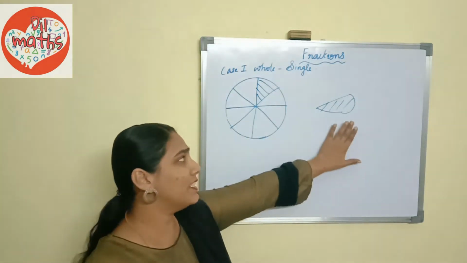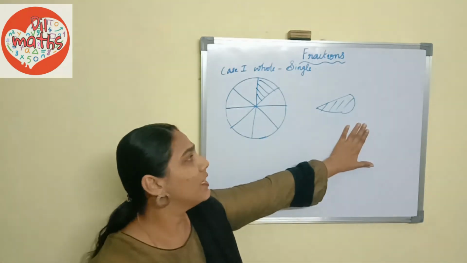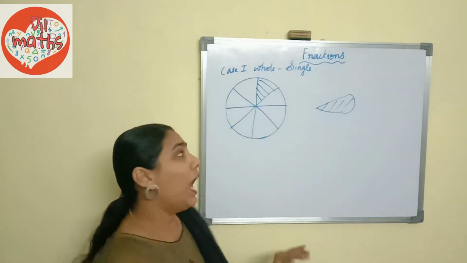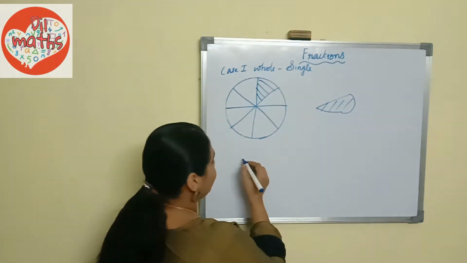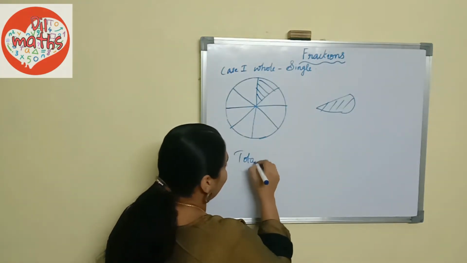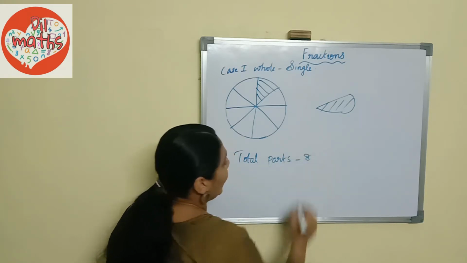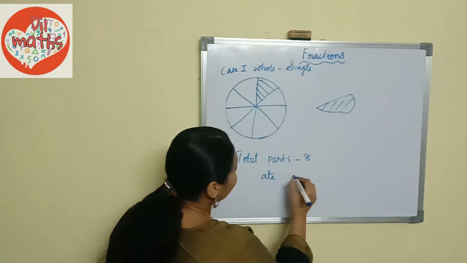I want to represent this by a fraction. By a number, I want to represent the part I ate. So how will I represent that? How many total parts are there? Total 8 equal parts are there. And how many did I eat? One part I ate.